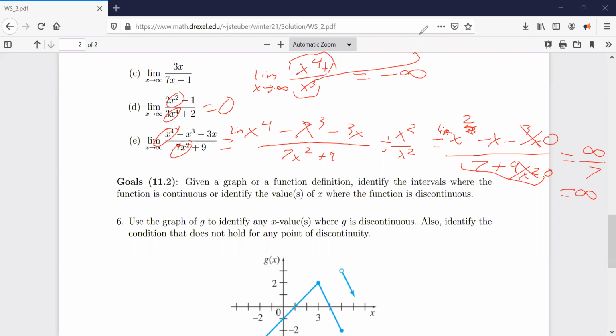So then when the denominator has a higher power than the numerator, it's 0? Like on D? Yeah. When the bottom grows faster than the top, when it has a bigger lead power, it goes to 0. And then when the top grows faster than the bottom, it's positive or negative, depending on what you're taking the limit of. Yeah, exactly.